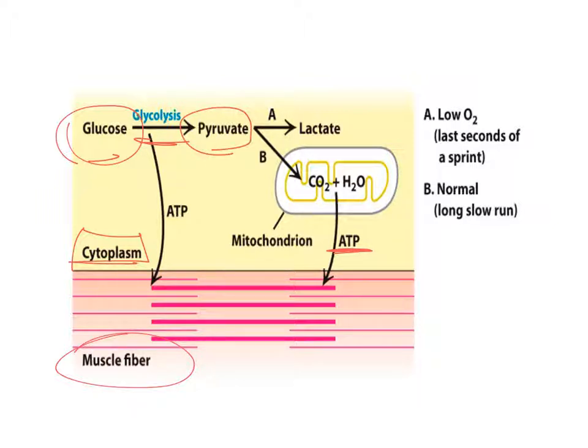And then we'll see that pyruvate has a couple of different fates. It can go on for fermentation, and here it's lactic acid fermentation, and that's under anaerobic conditions. Or under aerobic conditions, it's going to pass into the mitochondrion, where it's going to undergo further breakdown, and that's where we're going to see Krebs cycle occur.